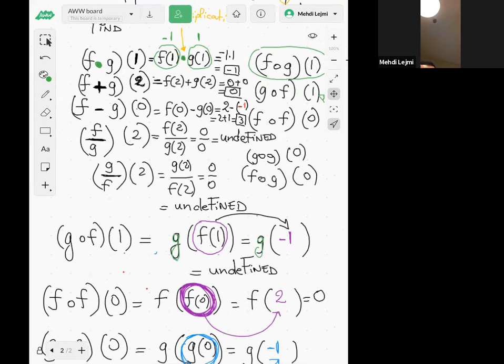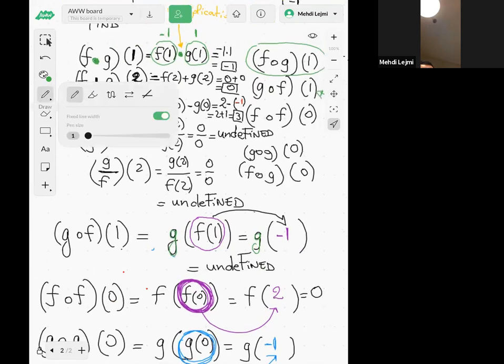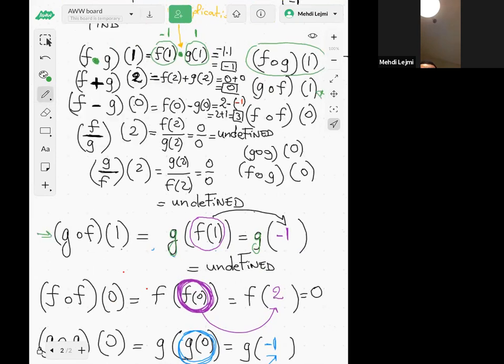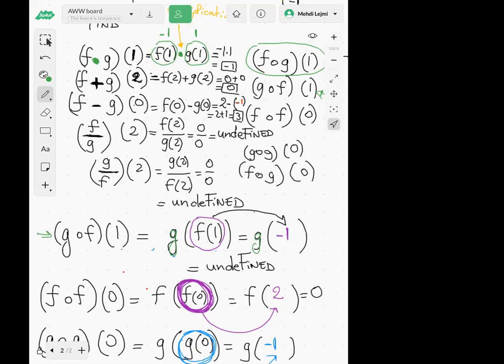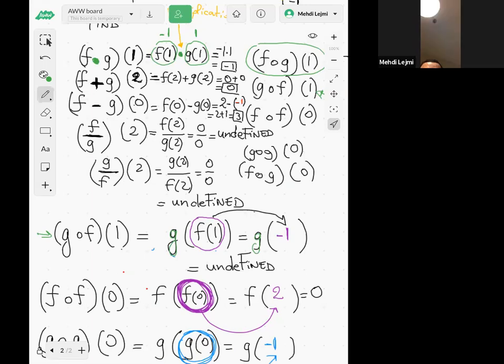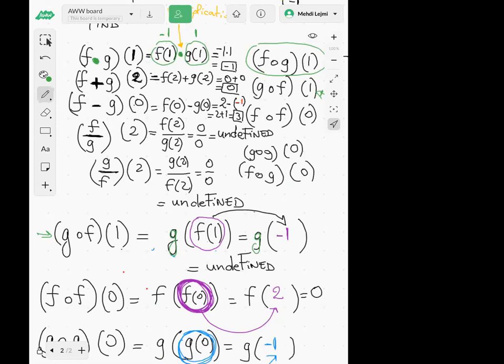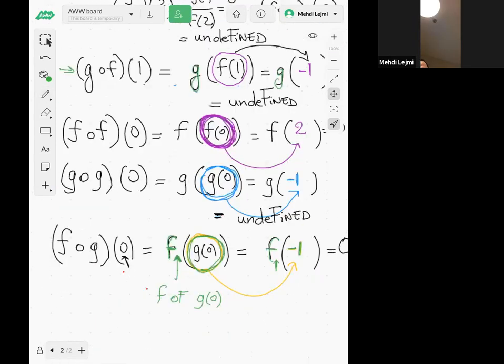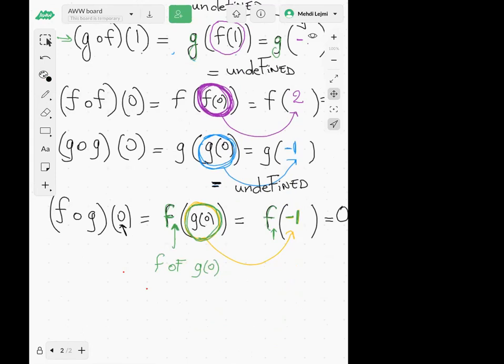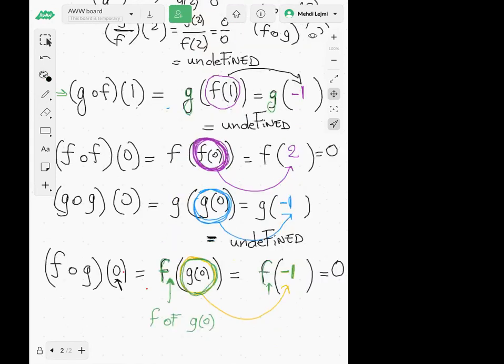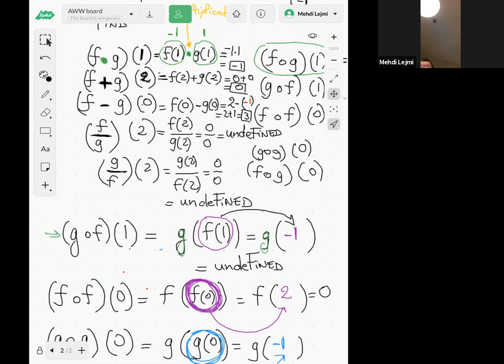For g composed with f, there was no multiplication. It's just putting the value of f of 1 in the other parentheses and keeping the g. I can do it again. This is f composed with g of 1.